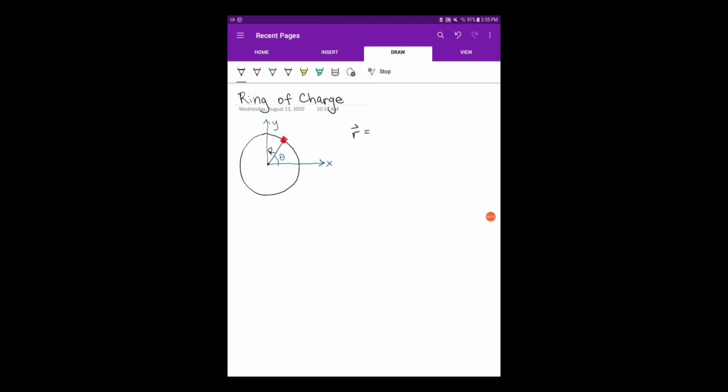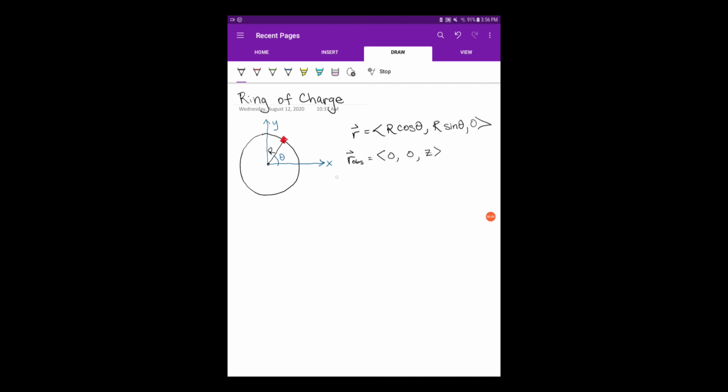In the xy plane, the r vector is going to be the radius of the circle times cosine of theta along the x direction, r sine of theta along the y direction, and because this is in the xy plane, it has no z component. And then we have an observation point that's located on the z-axis.